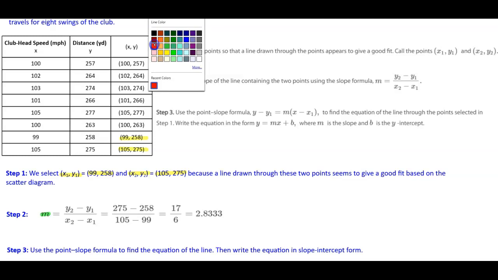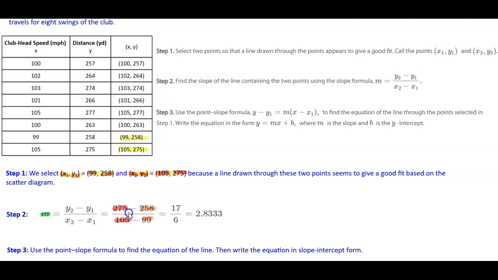We know that y2 is 275 and y1 is 258, and x2 is 105 and x1 is 99.